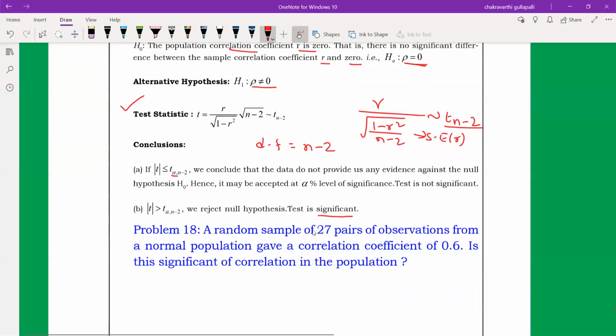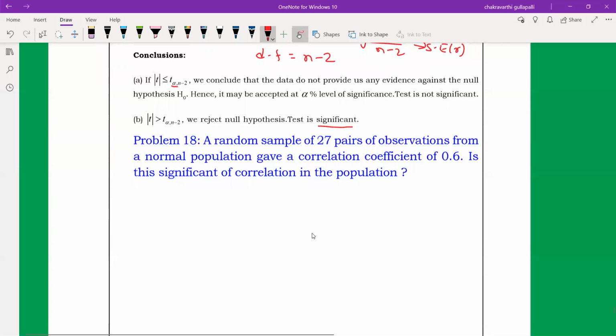But for better understanding, you have to use an example. This example is very, very important for this test, a very simple example. A random sample of 27 pairs of observations from a normal population gave the correlation coefficient 0.6. Is this significant of correlation in the population?